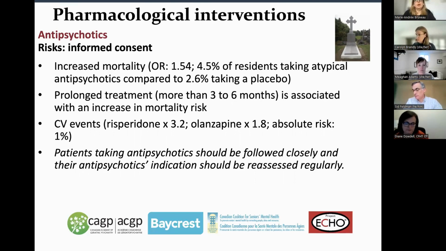Prolonged treatment is also associated with an increase in mortality risk. They are associated with cerebrovascular events, with strokes, an absolute risk of about 1%. That's why patients taking antipsychotics should be followed closely, and the indication should be reassessed regularly because they are associated with major risk.